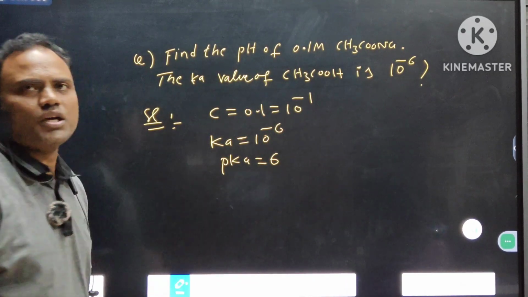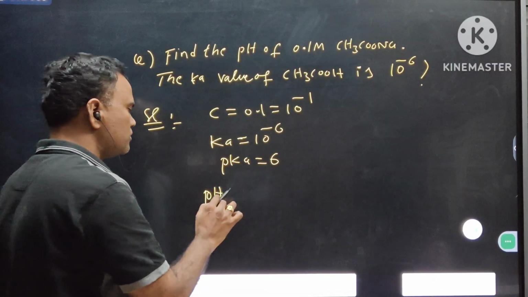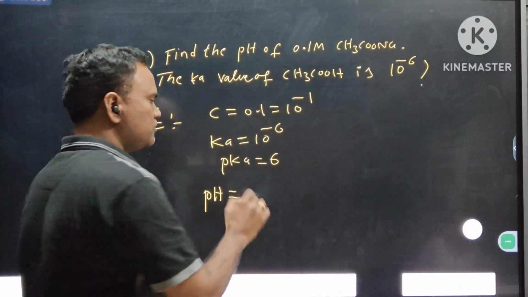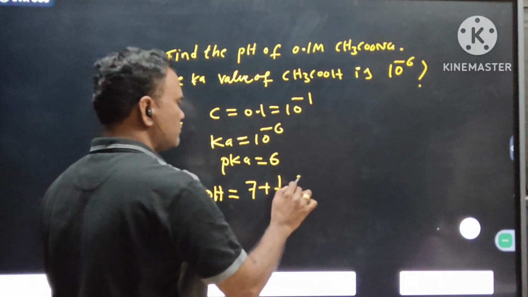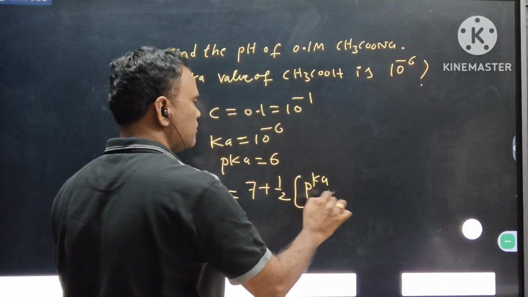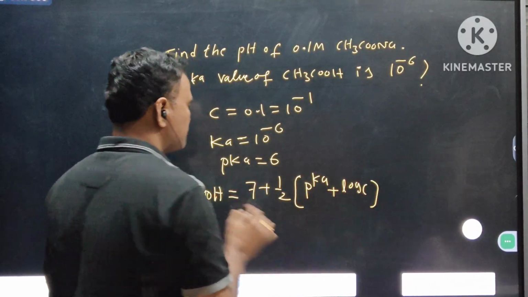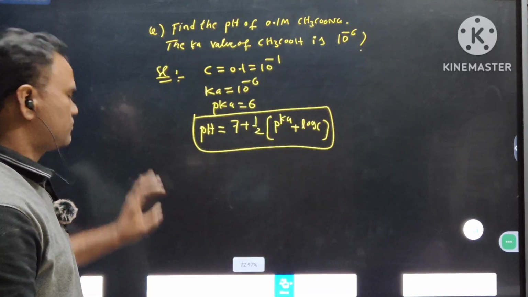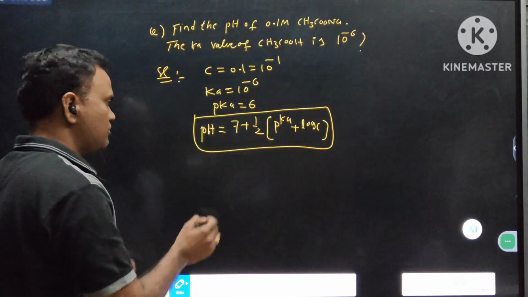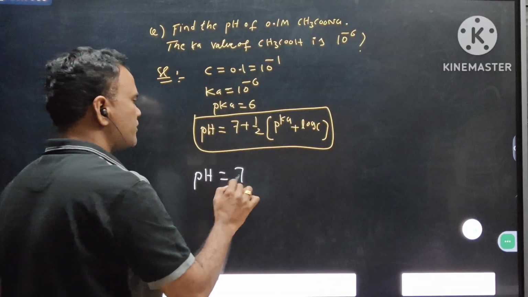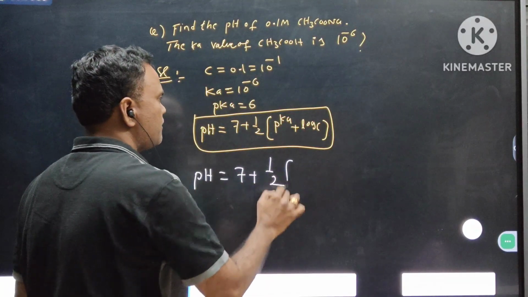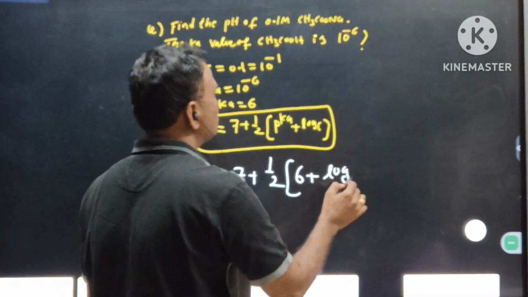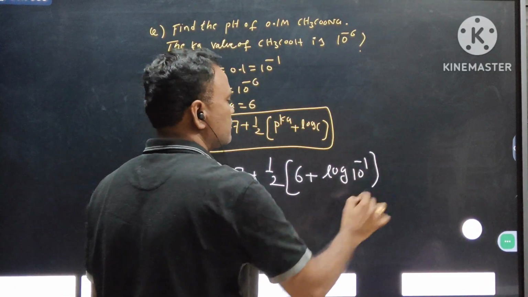This is salt of weak acid plus a strong base, so pH is equal to 7 plus 1 by 2 (pKa plus log C). pH is equal to 7 plus 1 by 2 (6 plus log 10 power minus 1).